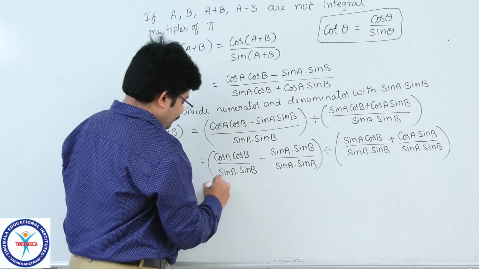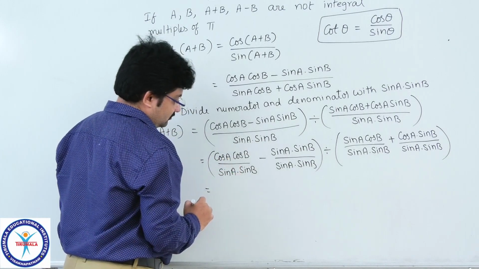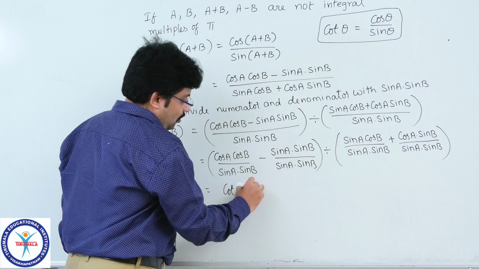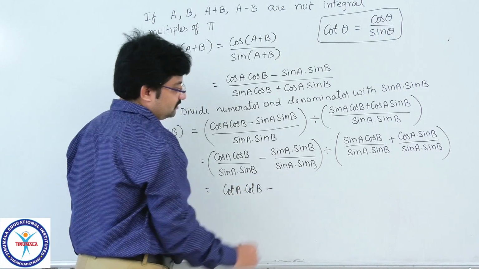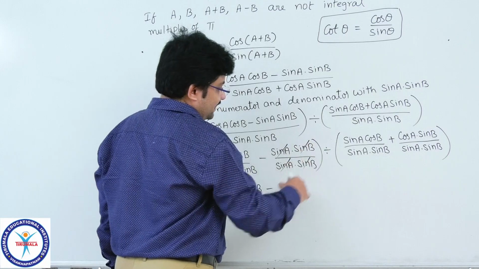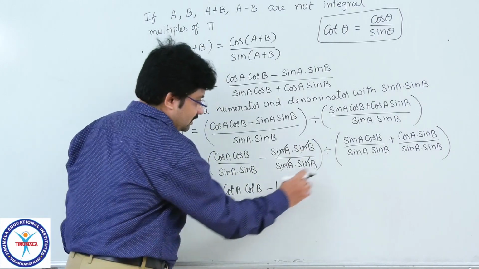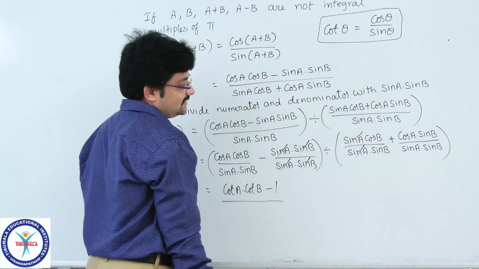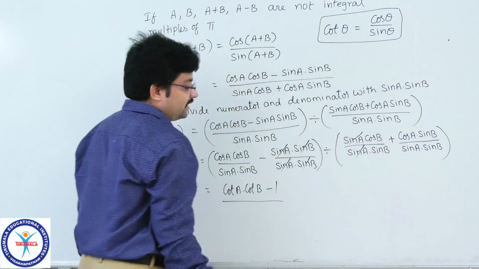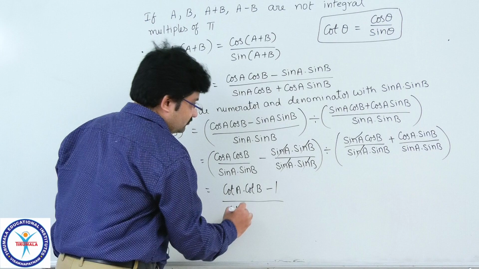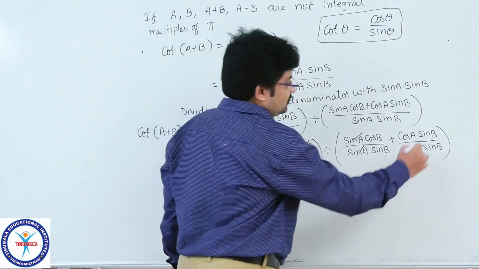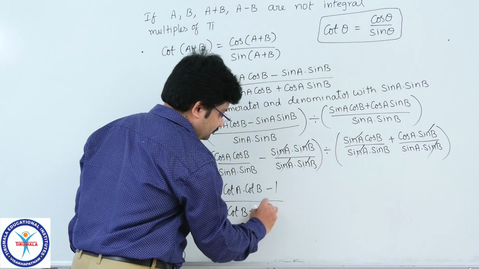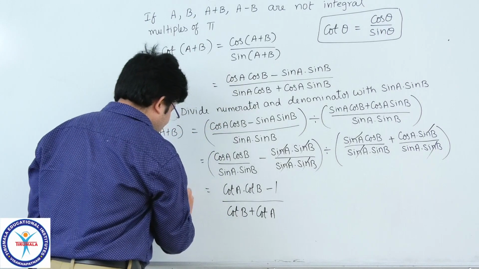Here, cos a by sin a is cot a, cos b by sin b is cot b, minus sin a gets cancelled, sin b gets cancelled, minus 1, divided by sin a and sin a get cancelled, cos b by sin b, that is cot b, plus again here also sin b and sin b get cancelled, cos a by sin a, that is cot a.